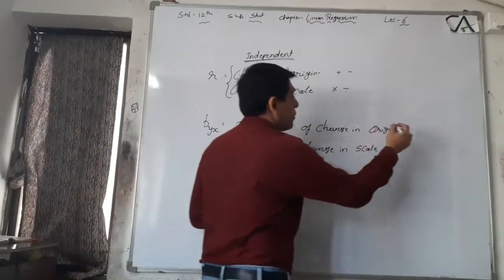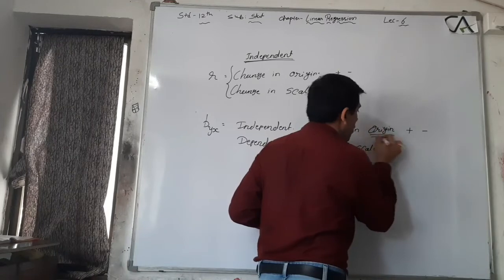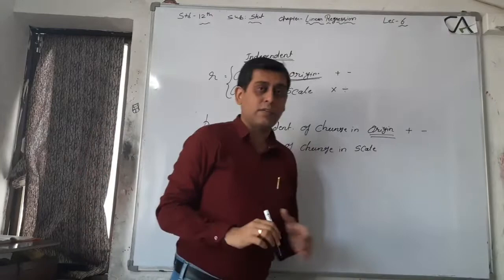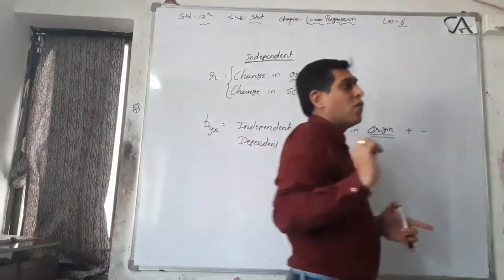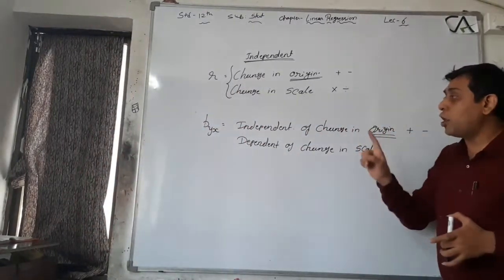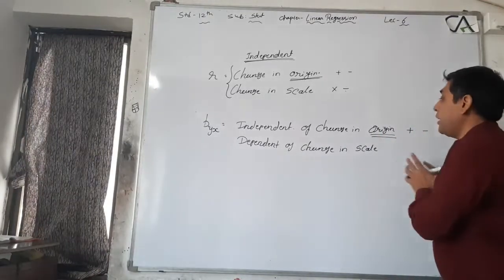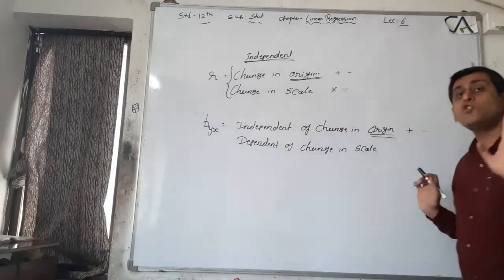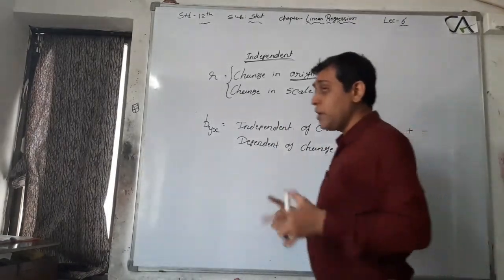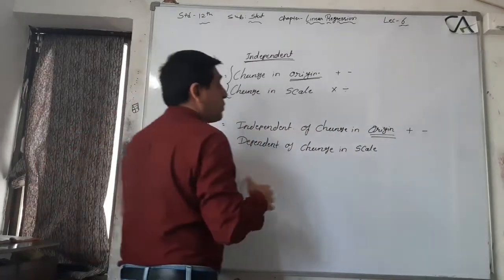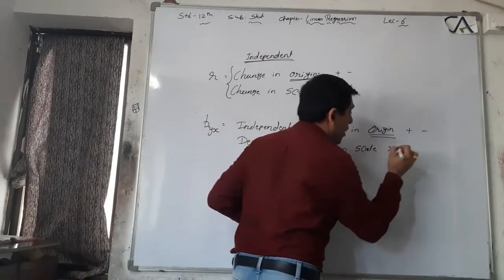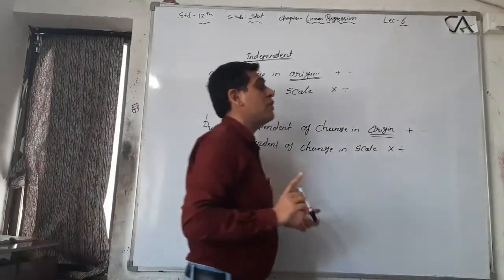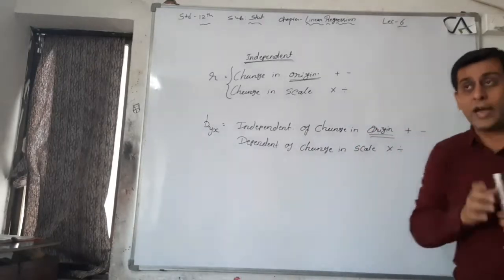So when you see the word origin, keep in mind that plus or minus, adding or subtracting some one amount from all the observations of x or y, the answer is independent, so there is no change in the answer. But if you are multiplying or dividing by some amount, that is change in scale, then your answer of Byx will change. Why?